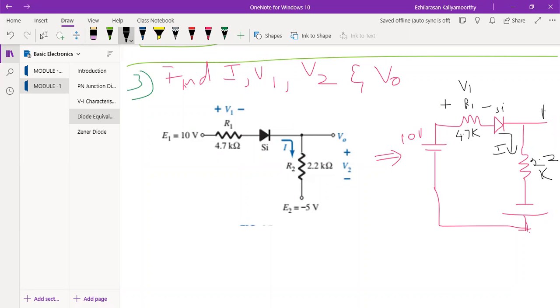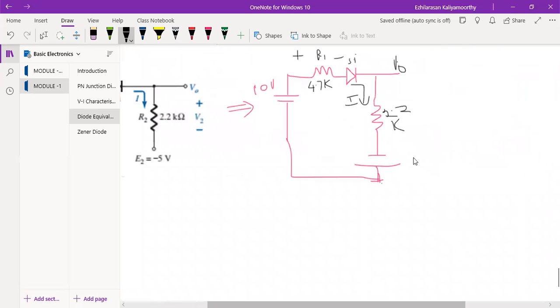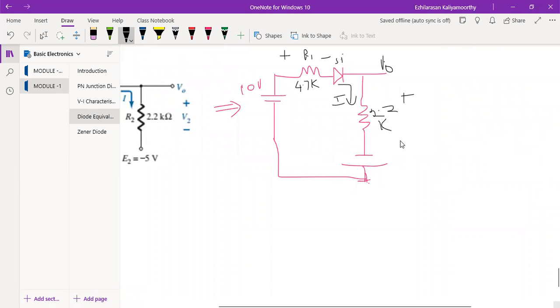So the output is nothing but V0. Then across this resistance is nothing but V2.